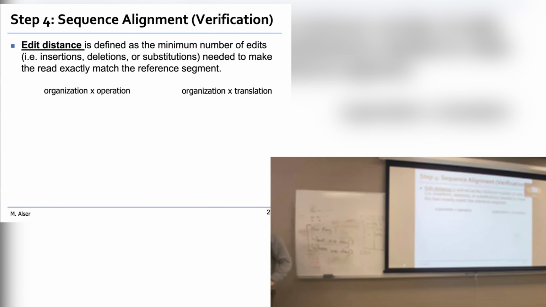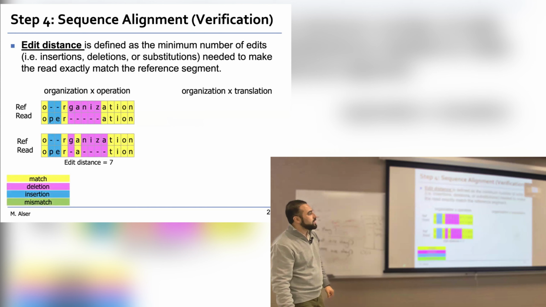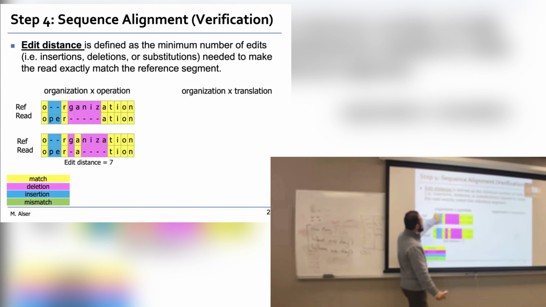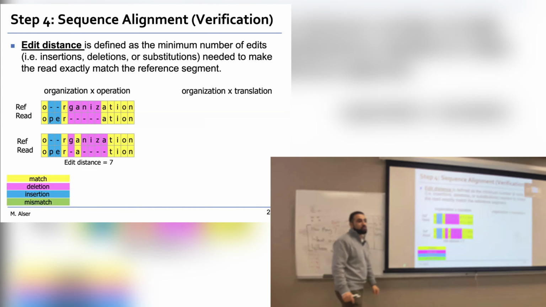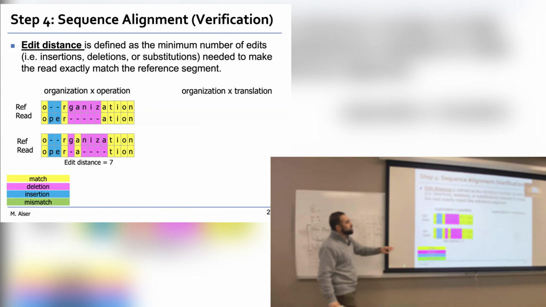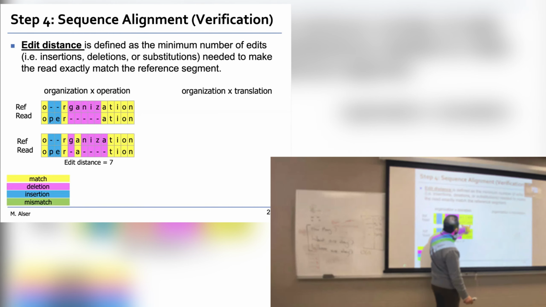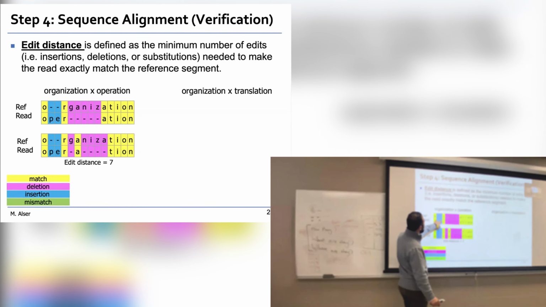Now, the last step is sequence alignment, which is going to answer these three important questions. And we have an example of why we need edit distance. I'm comparing organization with operation. What kind of arrangement could I have between these two words? I could have an exact match between O and O, R and R, and Asian and Asian, right? But in here, I have a deletion from here, and I have an insertion over here, right?